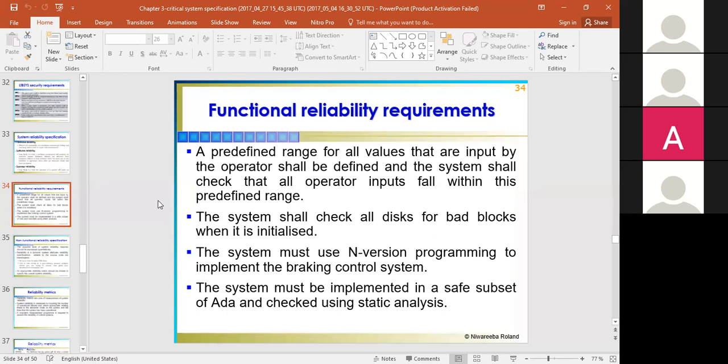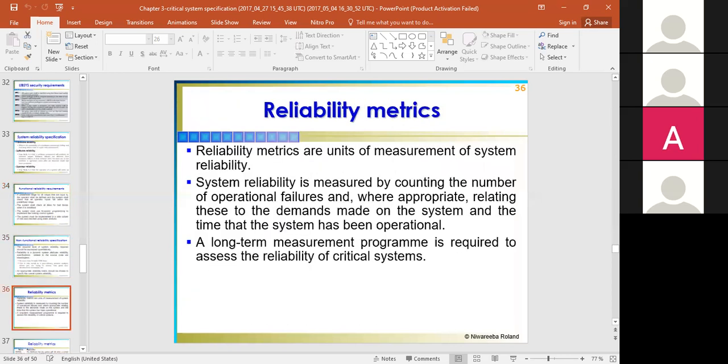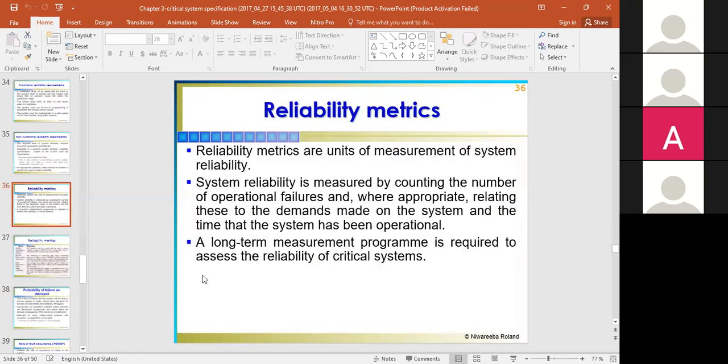Those examples should be clear, and those ones are important to know. Under functional reliability requirements, we have three types of those requirements.